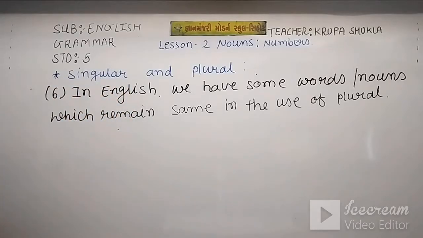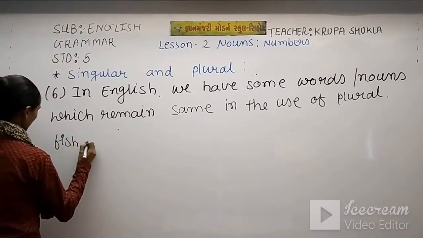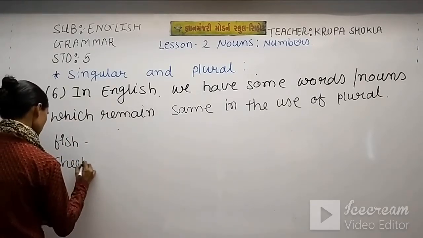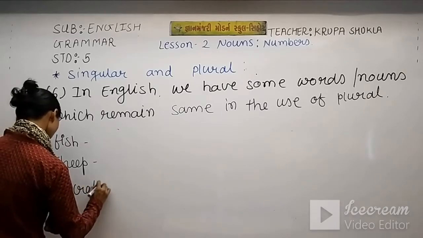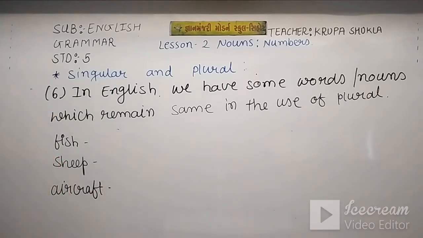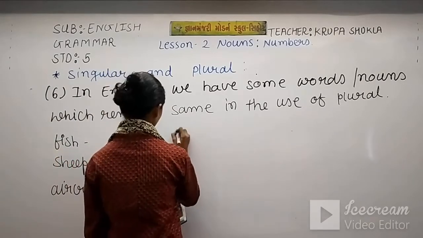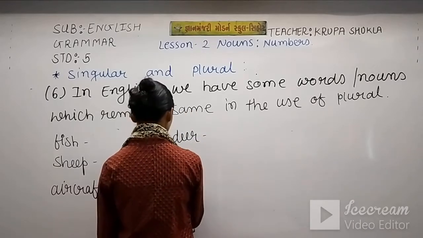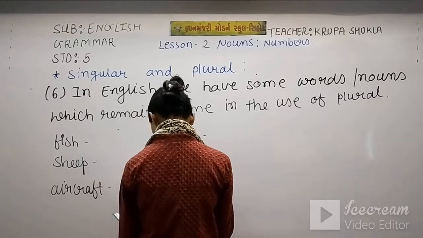And what are those words? So those words are fish, sheep, aircraft, deer, swine.